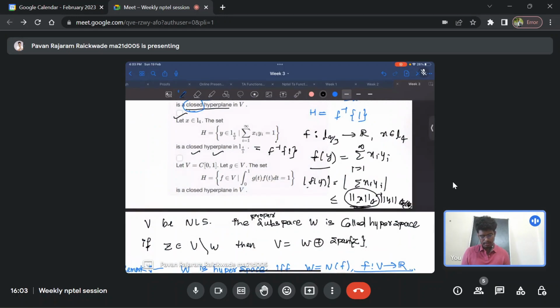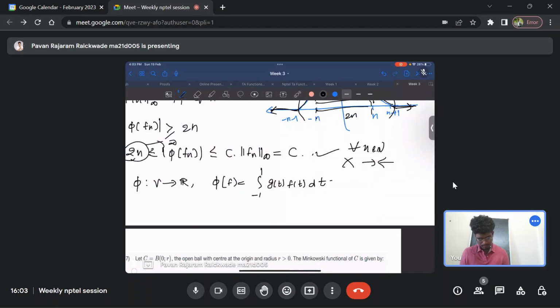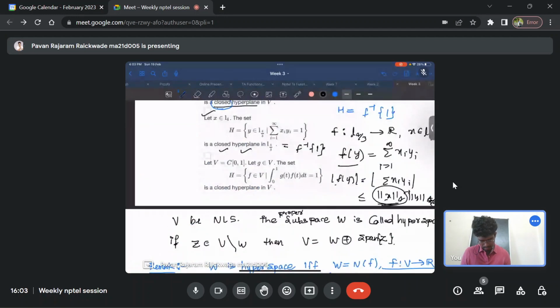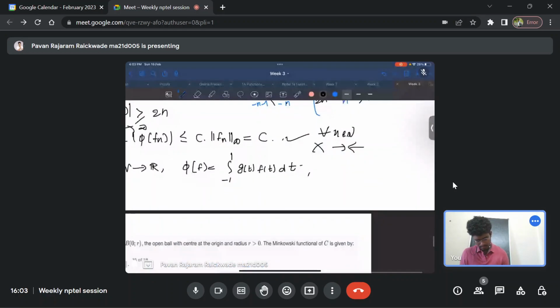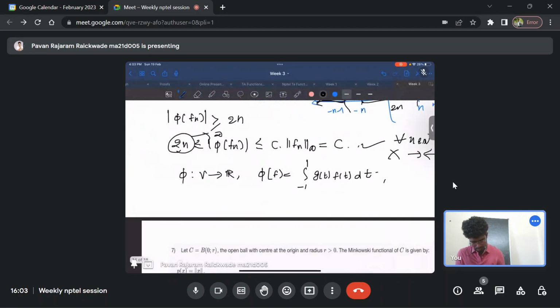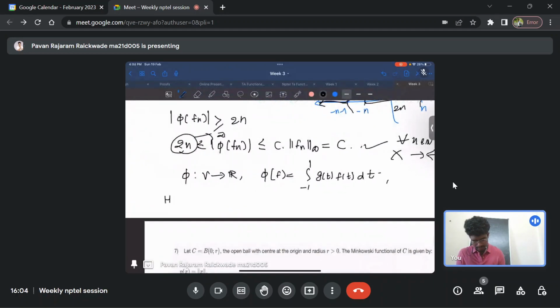You can verify this is a continuous linear functional. We will take supremum now. So the H given is just phi inverse of singleton 1.